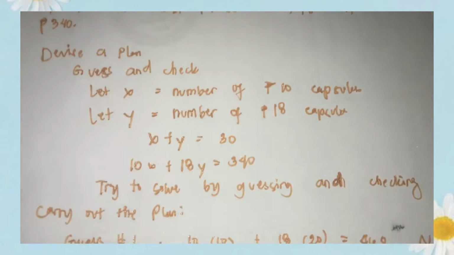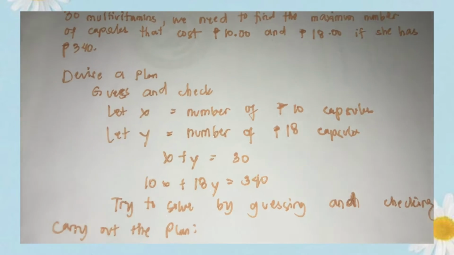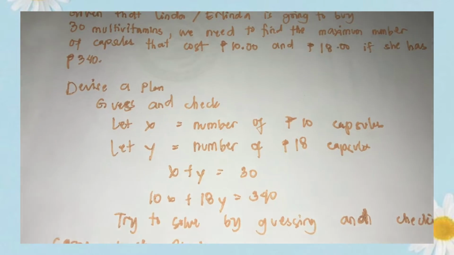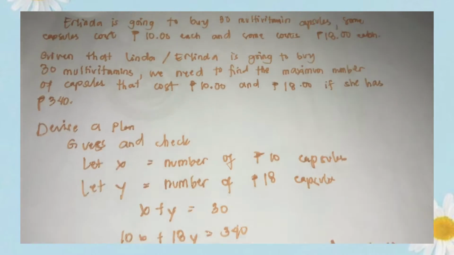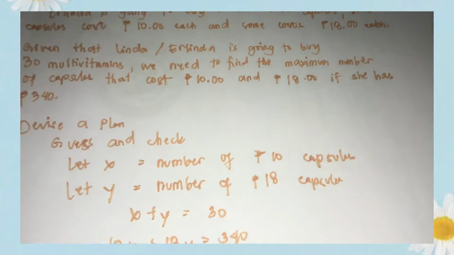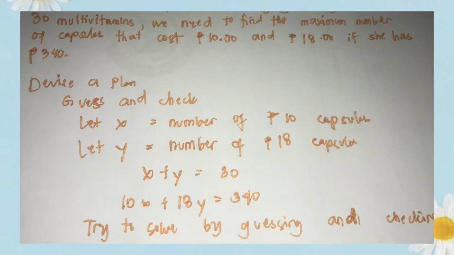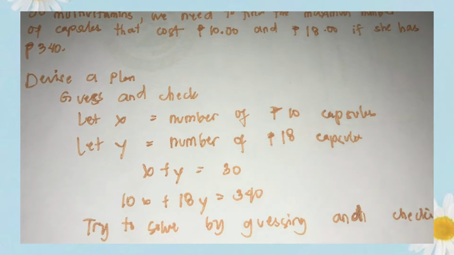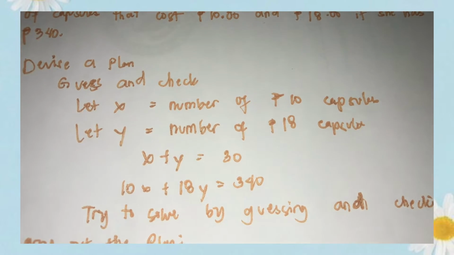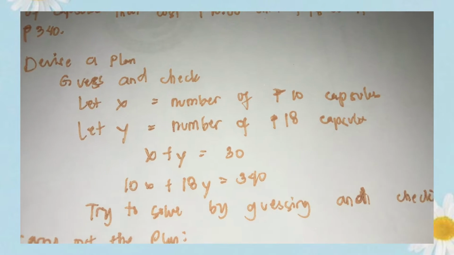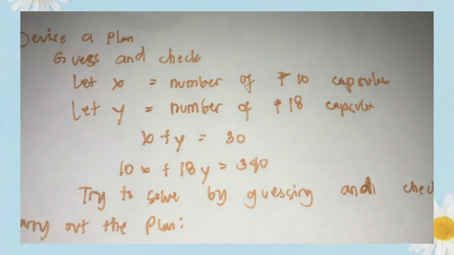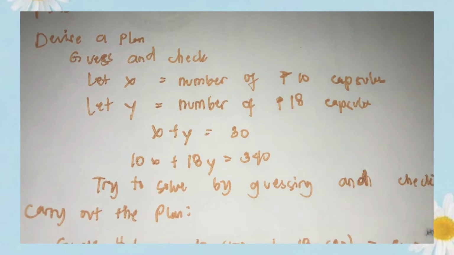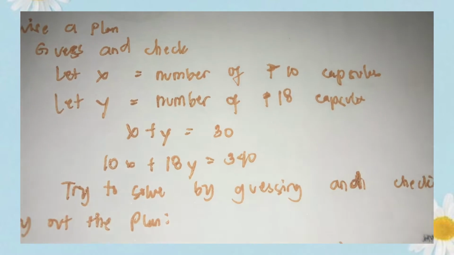I use some mathematical expressions to represent the data given by the problem. Let us use X to represent the number of the 10 pesos capsules, and let Y represent the number of 18 pesos capsules.